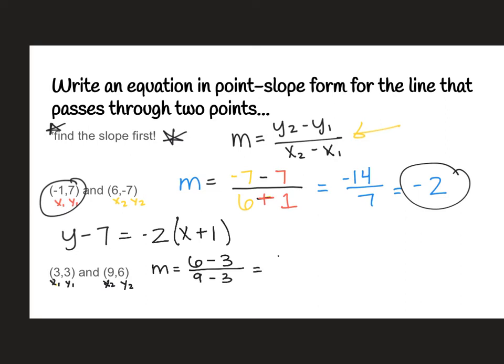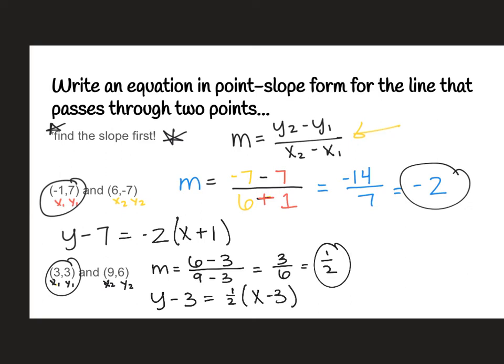So we've got 3 over 6, which is 1/2 when we simplify it. And that is m. So now we've got slope and a point, and we put it into point-slope form. And we have to know the equation for point slope, which is y minus y1 equals m times the quantity x minus x1. And that is our answer.